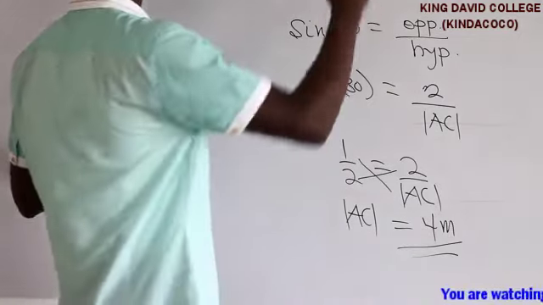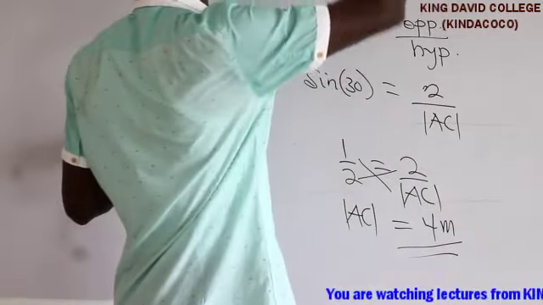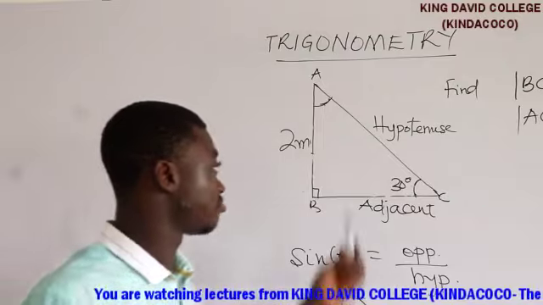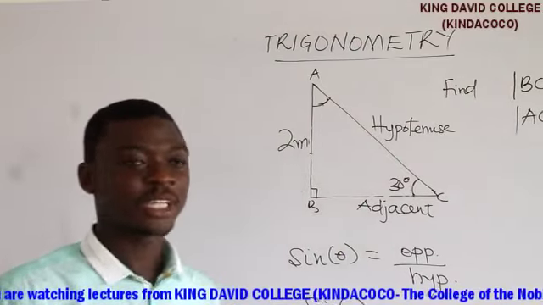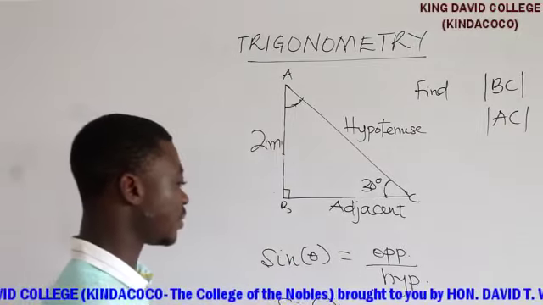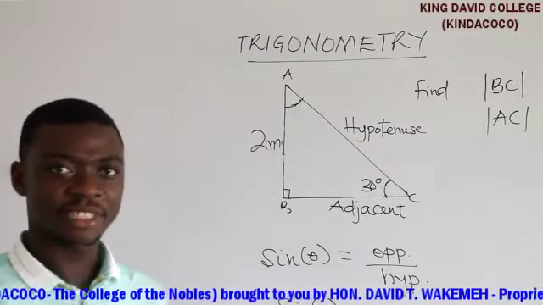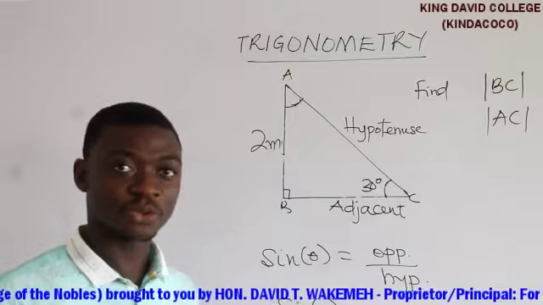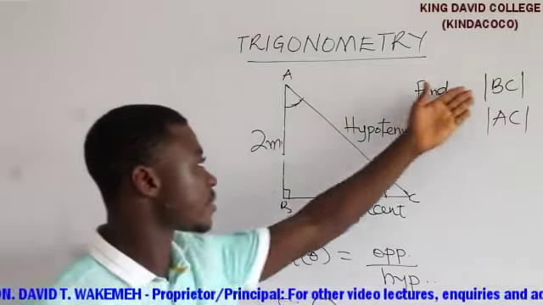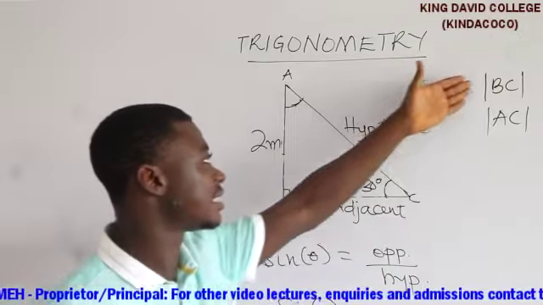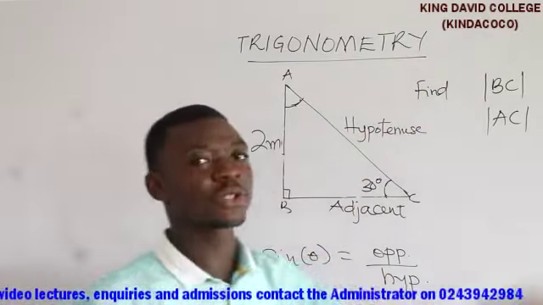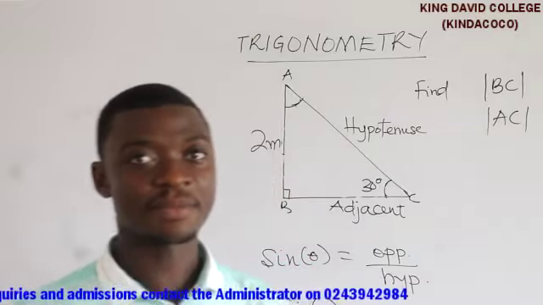So basically we've been able to find the hypotenuse of this particular question using the sine. That's how simple it is if you want to use the trig ratios to do the solution. Now let's proceed to use the same trig ratios to solve for line BC.